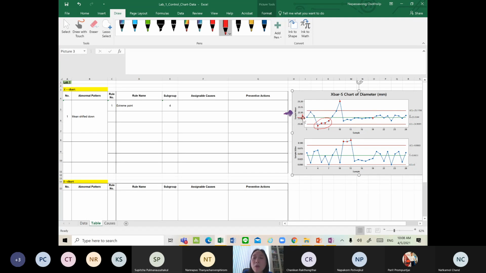So you have to still believe that the mean is still at the center line, and then you don't have to do any adjustments on the machine. So you should leave it as usual.